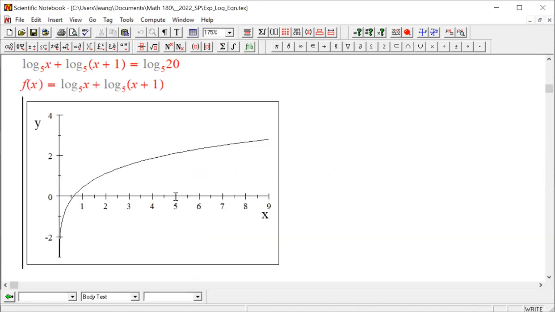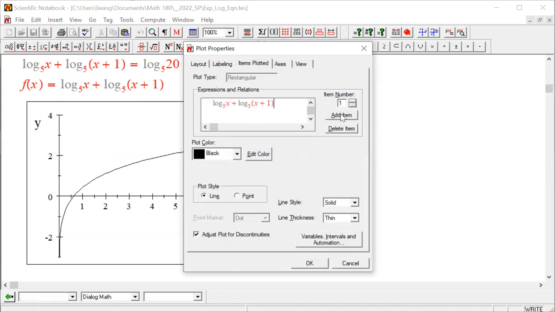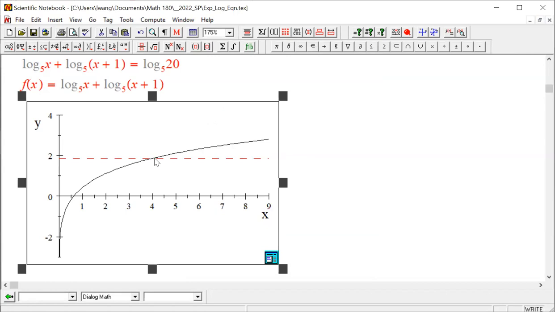When the output equals log base 5 of 20, we're going to draw this horizontal line. I'll make it red and a broken line. It touches the curve at a point, and we just found that the input for that point is 4.